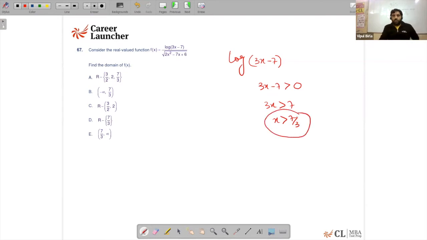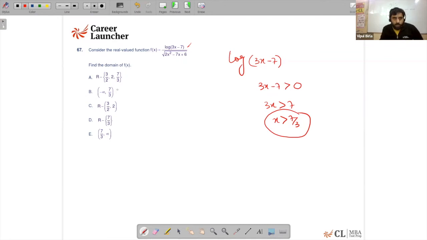So for this value to exist, x has to be greater than 7 by 3. Otherwise it is not possible, right? Any value less than 7 by 3 will lead to a wrong answer.